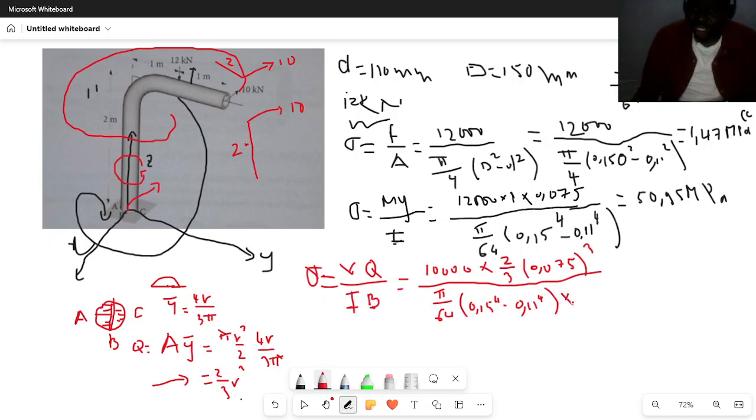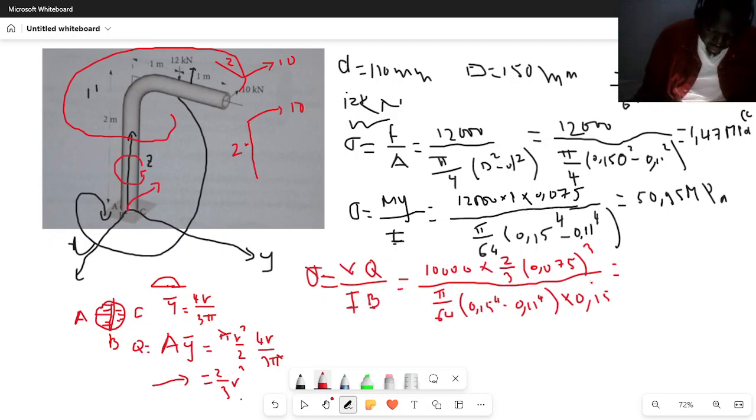So under this case, it's 0.15. So what is the answer? This is the shear stress created by force 10. What is the answer? I think the answer should be 1.061.